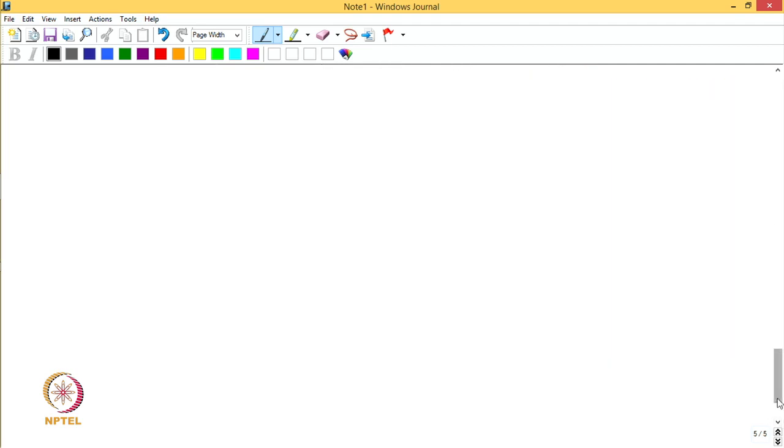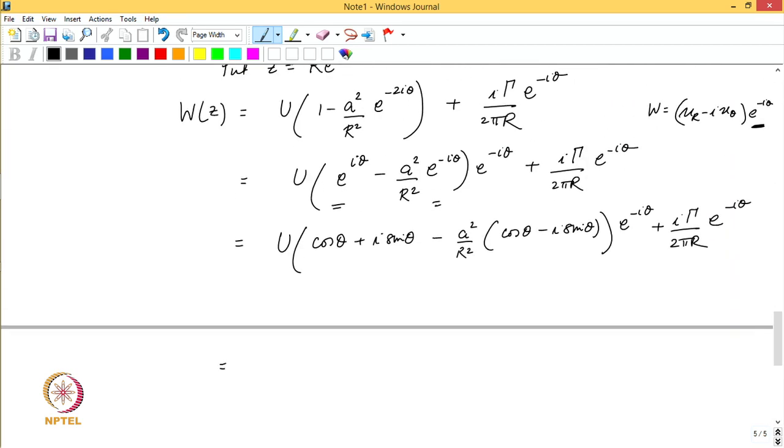The whole purpose of doing this is to separate the real parts and the complex parts. Okay. So, let us start collecting the real parts together. You have to do this carefully. We will have u cosine theta (1 minus a square by r square).